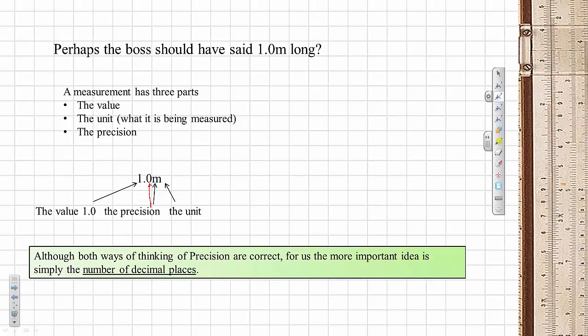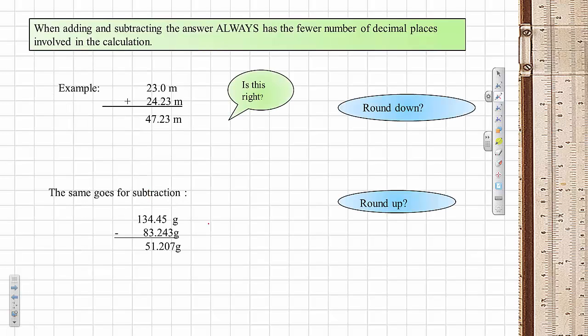Alright, so if you think about it, both ways of thinking of precision are correct. For us, however, simply the number of decimal places is probably going to be most useful. So we've got this idea of precision. Now we can deal with addition and subtraction. Remember, for multiplication and division, we deal with sig figs.